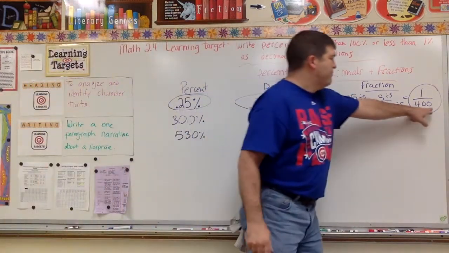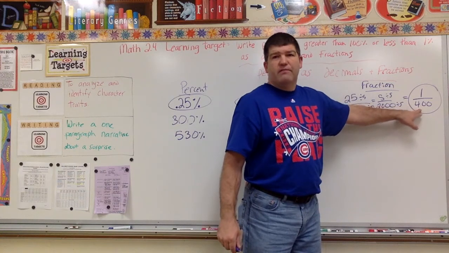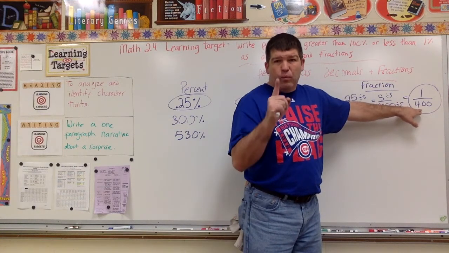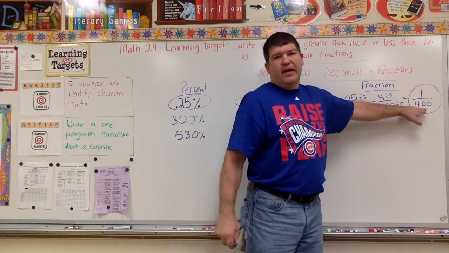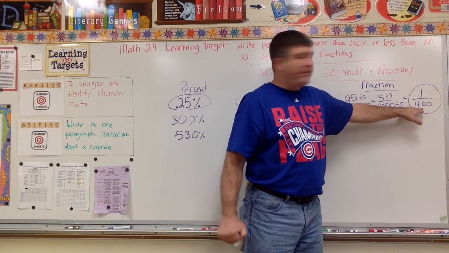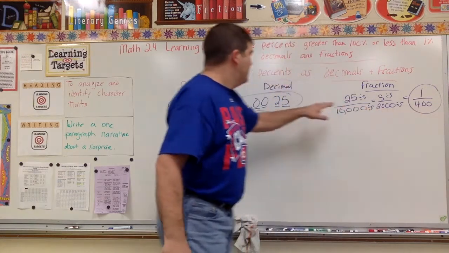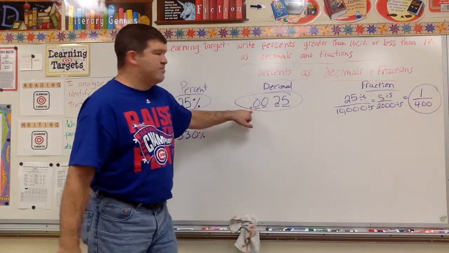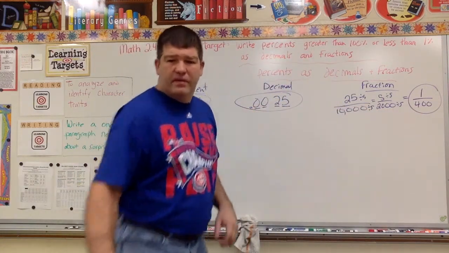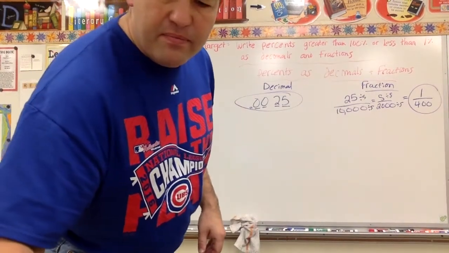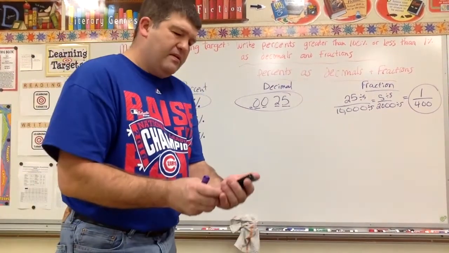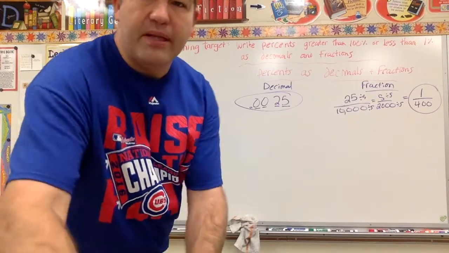Let's think about this. Say I take a test, 400 questions. I get one of them right, not many. So 1 out of 400, here's the decimal to that.